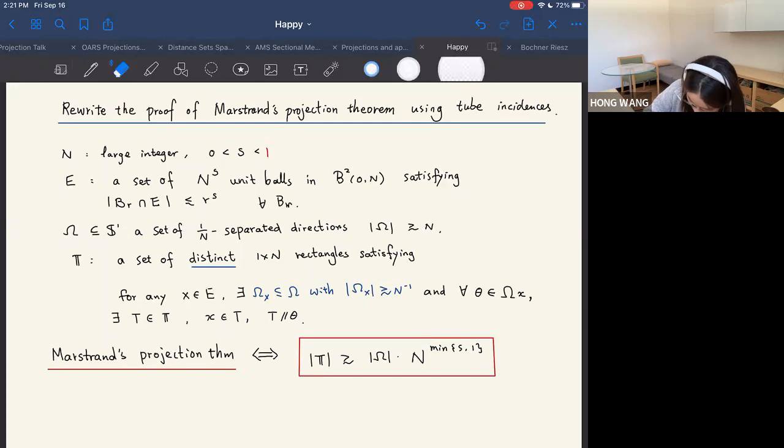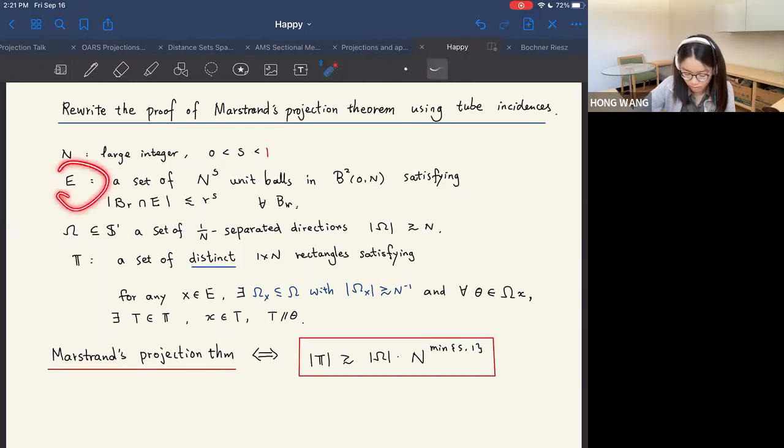Perhaps you are more used to the setting where E is a set of delta balls, where delta is small, in the unit ball, and the intersection between any small ball and E has a small volume.